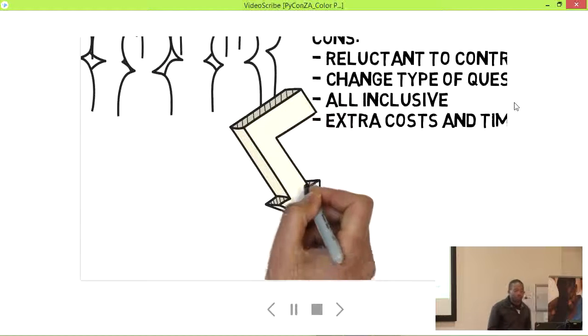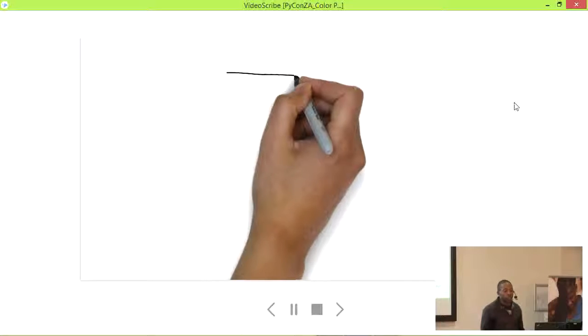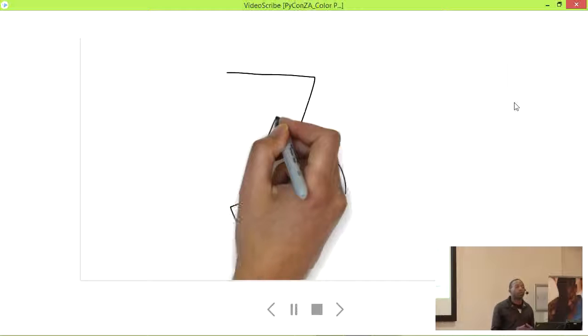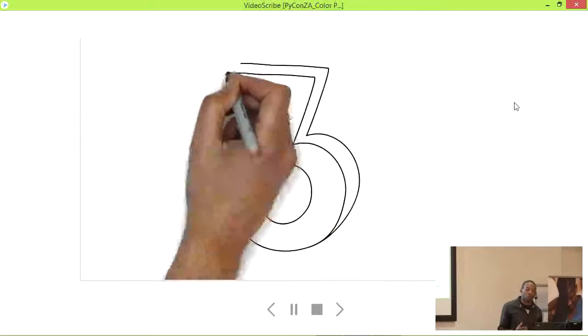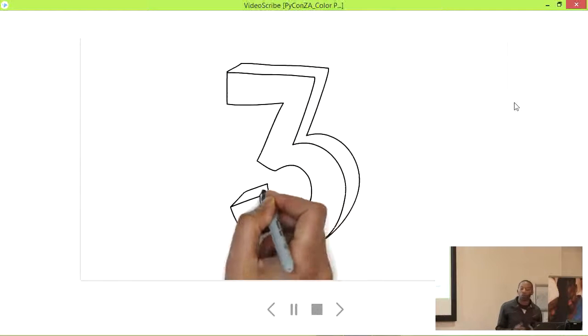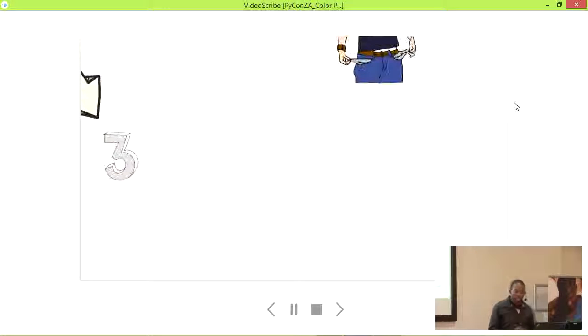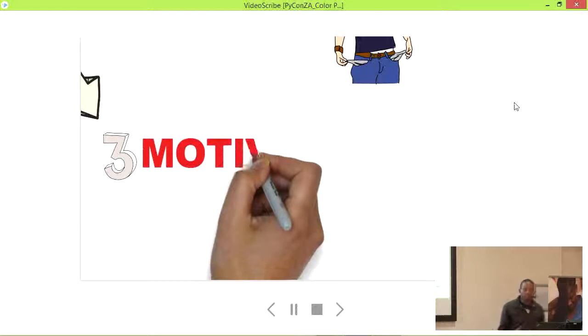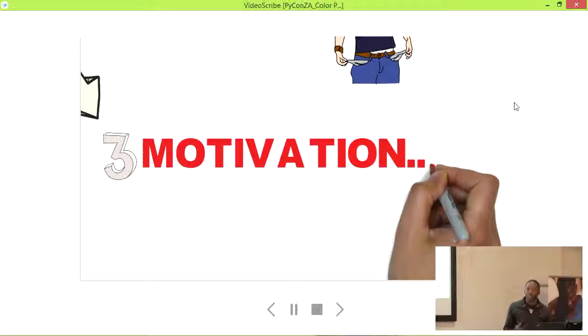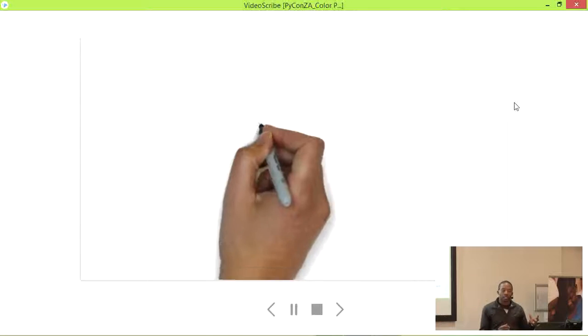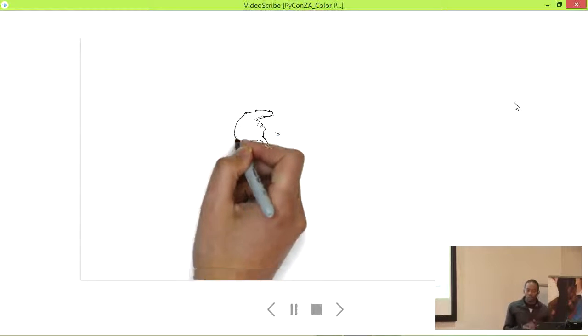So this brings us really to the point of why would we even do this? And this is the motivation behind studying computer vision or studying audience response systems. And that's my third point. So the motivation behind this is, hey, if we can get the benefits, control the costs, then we're actually good.